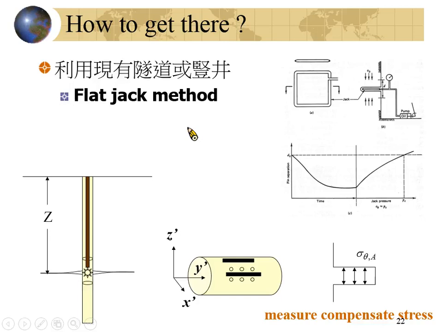Then you will keep monitoring the distance change for those marks. Then you will cut a slot around here. When you cut the slot, you can imagine those marks will close toward each other, right? When you cut the slot, those marks will approach each other.